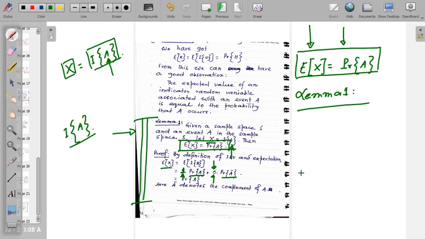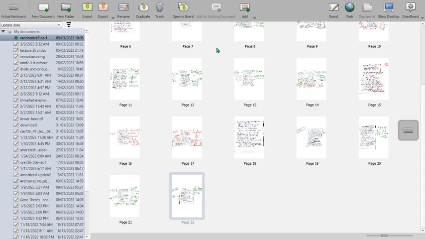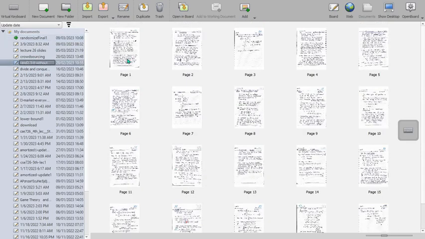Putting that in, we get 0 times the probability of A bar, which is 0, and 1 times the probability of A, which is the probability of A. This is not true for a general random variable, but it is true for an indicator random variable: the expectation of X is equal to the probability of the event associated with that indicator random variable. This lemma will come into the picture many times, so that's why I had a little more discussion on it.